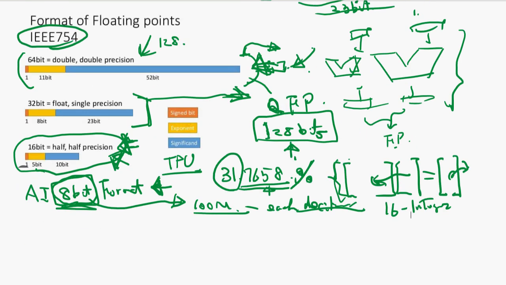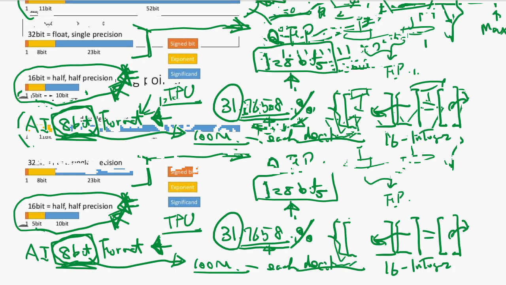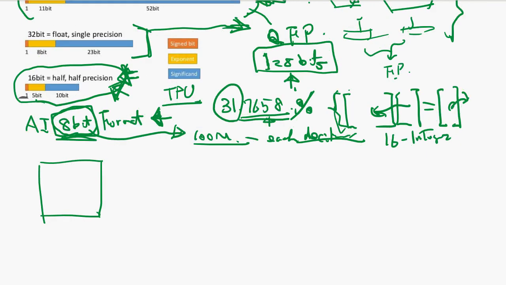16-bit integer was used for graphics before, because you look at the screen resolution. Okay, well, 3000 is a very high resolution, right? And in order to express this position, you don't need floating point.